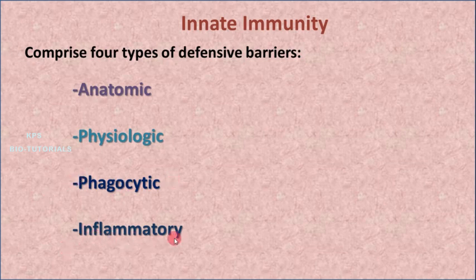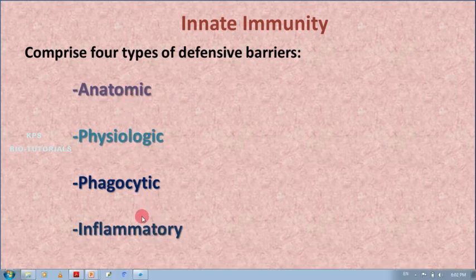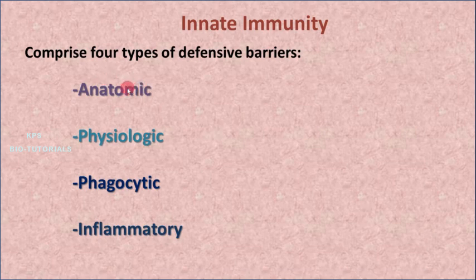Number 4, inflammatory barriers. By these four types of defensive barriers, our innate immunity defends against the entry of pathogens into our body.